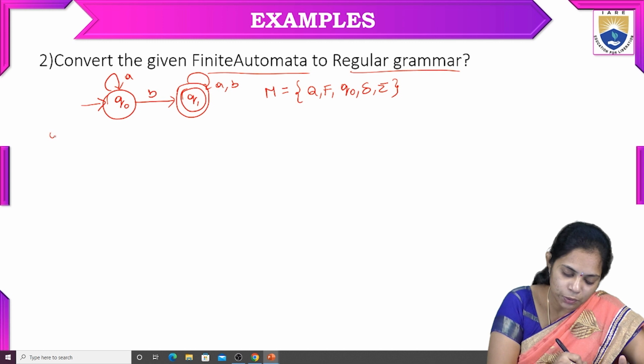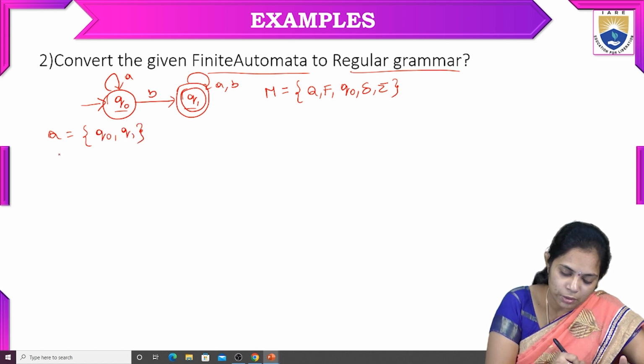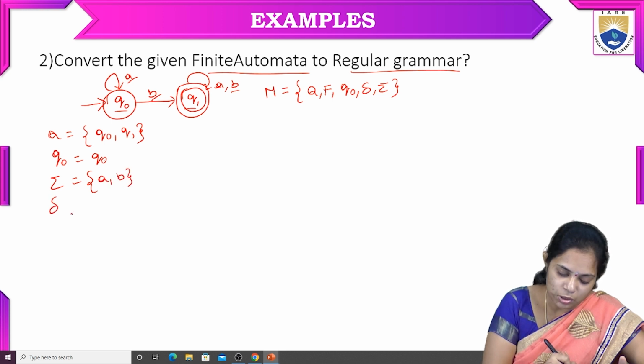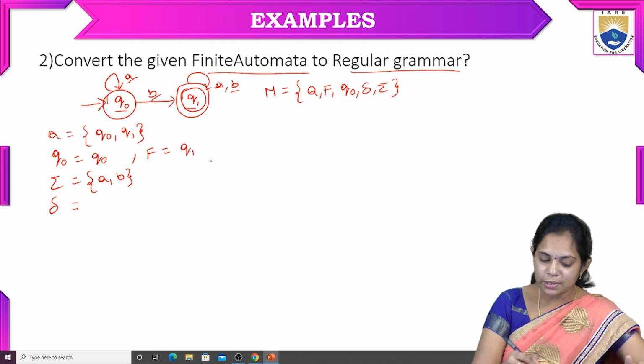Here Q is the finite set of states: Q naught comma Q1. The initial state is Q naught, and sigma is the input symbols, A comma B. The final state is Q1. So here is the five tuple.